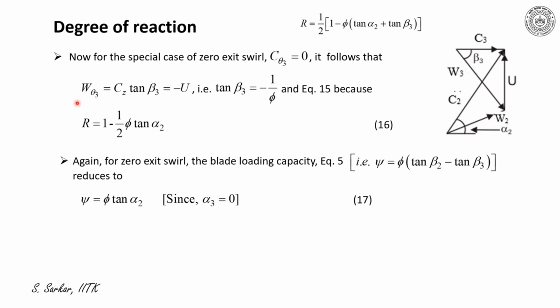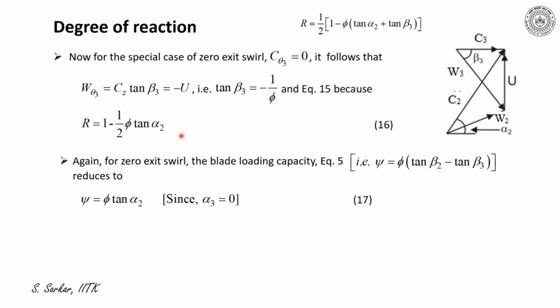That we get from the velocity triangle as indicated here. And hence w theta 3 is equal to minus U. Thus I can write tan beta 3 is equal to minus 1 by phi. Now from equation 15 we get r is equal to 1 minus half phi into tan alpha 2. So this is the expression for r.